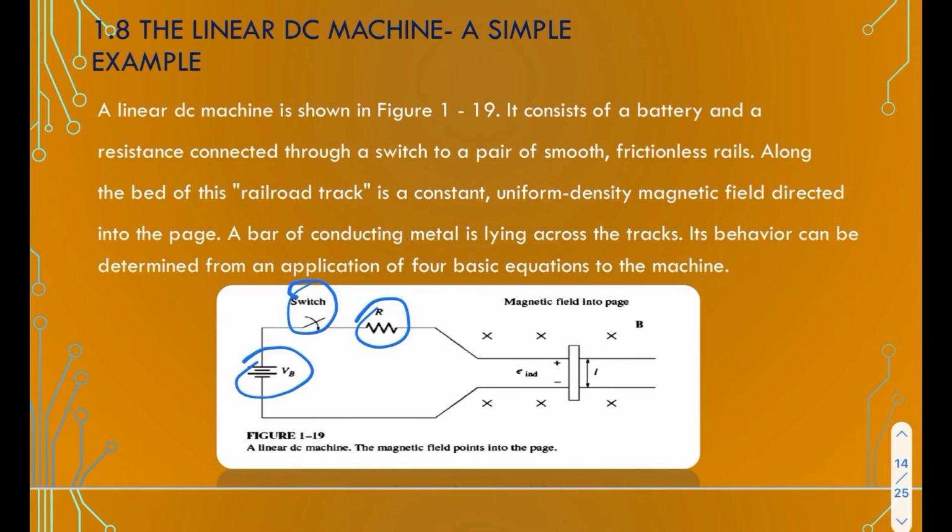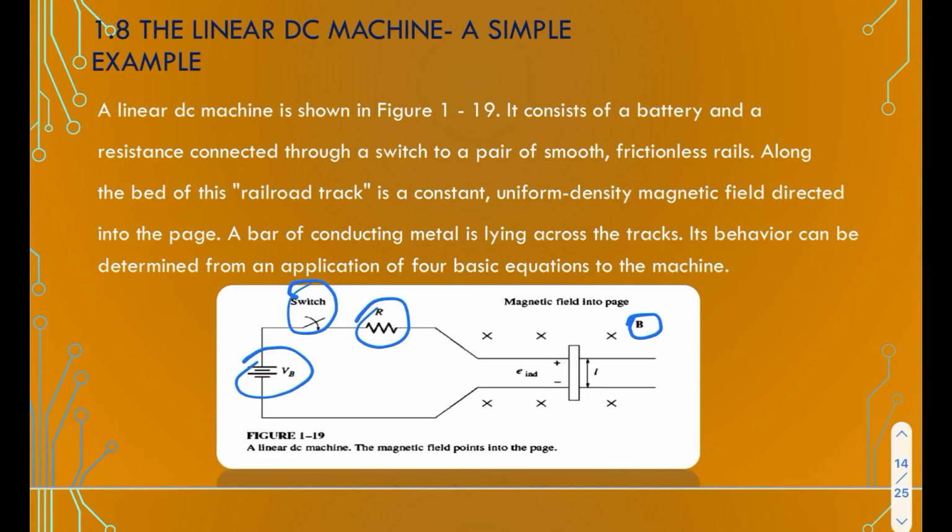This is connected through a switch to a pair of smooth frictionless rails. Along the bed of this railroad track is a constant uniform density magnetic field directed into the page. This is the magnetic field into the page.